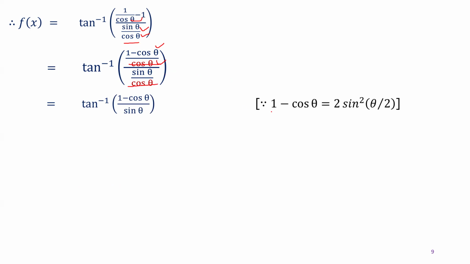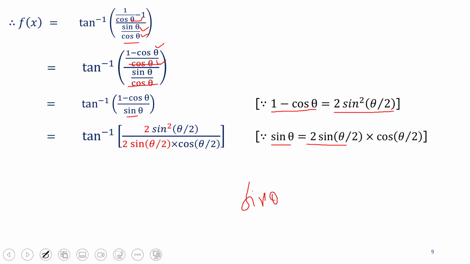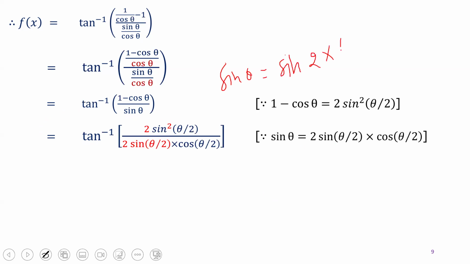But now we know that 1 minus cosine theta is nothing but 2 sine square theta by 2. And sine 2 theta is equal to 2 sine theta cos theta, or we can say that we can write sine theta, which is equal to sine of 2 times theta by 2, and which can be written as 2 sine theta by 2 into cos theta by 2.